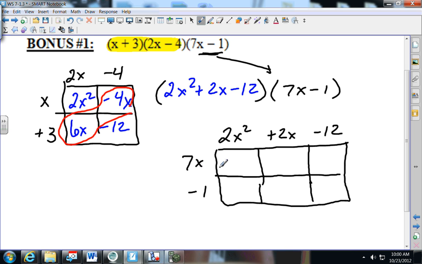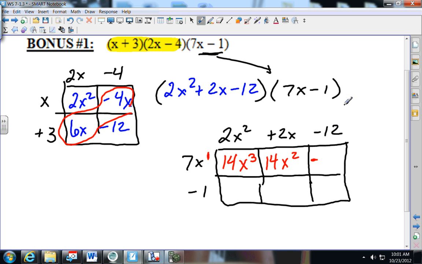Now, in this box, 7 times 2 is 14. x squared times x. Remember, that's the first power. You add the exponents, it'll be to the 3rd power. 2 times 7 is 14. x times x is x squared. Right here, 7x times negative 12.